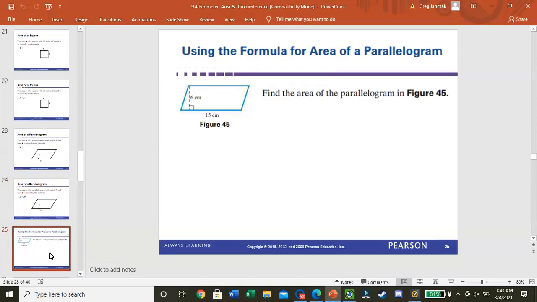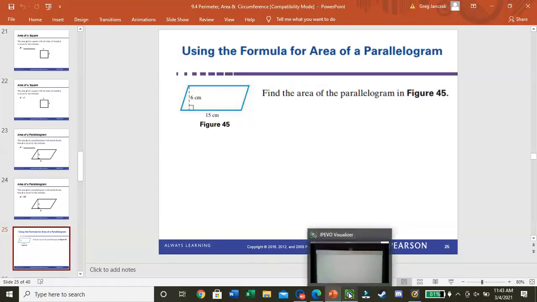Here we have a problem. Find the area of the parallelogram. We have 6 centimeters and we have 15 centimeters. So what do we do here? Here's our 6 and 15. Height is 6, base is 15.